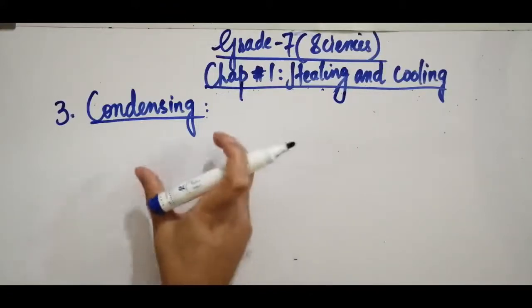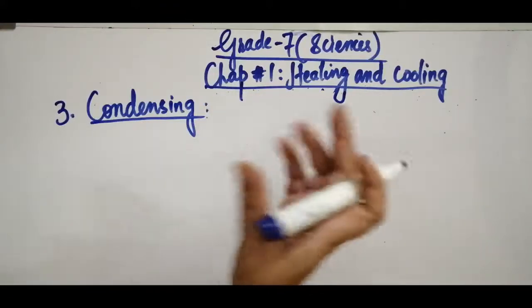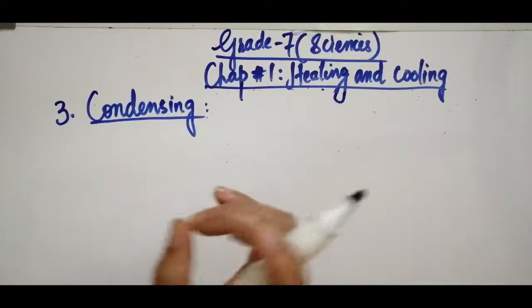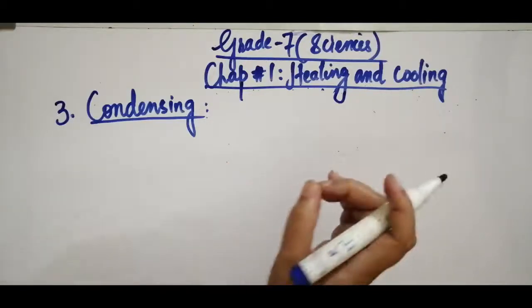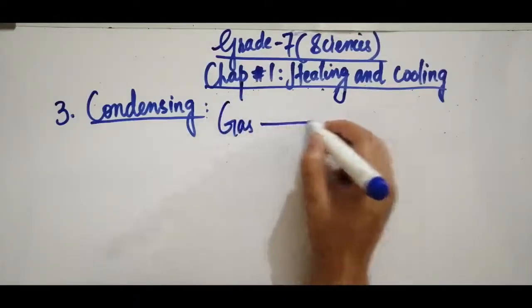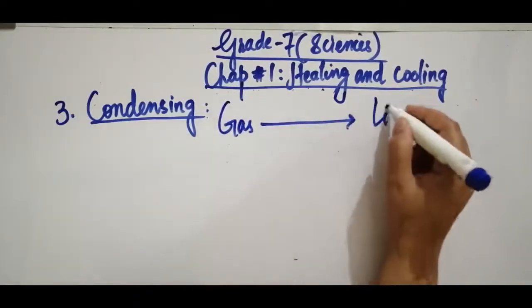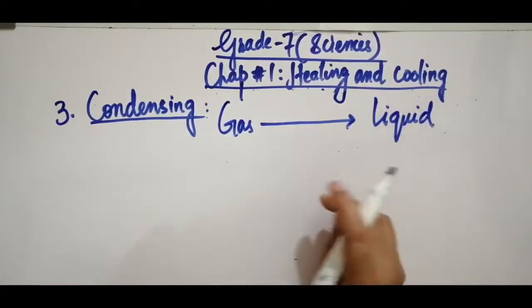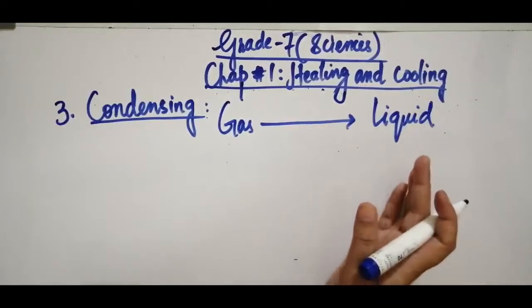It is the opposite process of evaporation. What was happening in the previous one, evaporation? The liquid changes into the gas. Now this time gas changes back to the liquid again. But what is actually the difference between both?